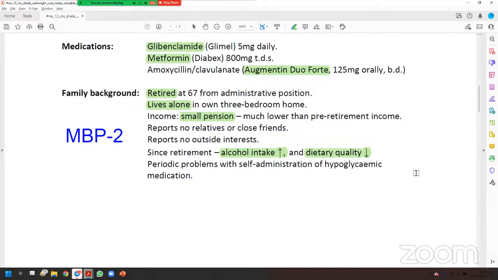So the next one, she has periodic problems with self-administration of hypoglycemic medication. So you can see all these points. So these points will go into the second paragraph.